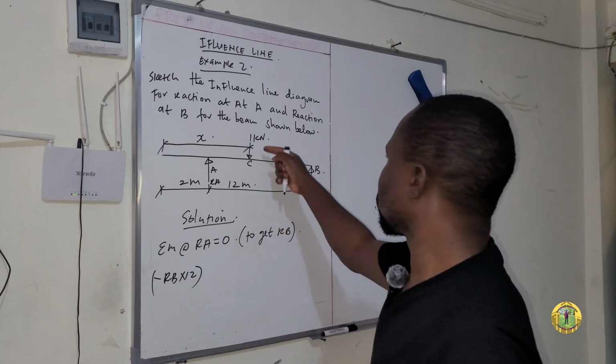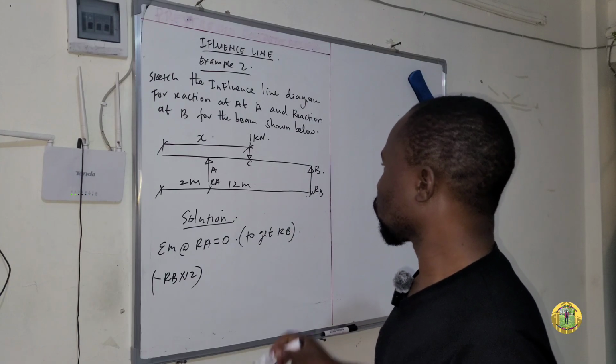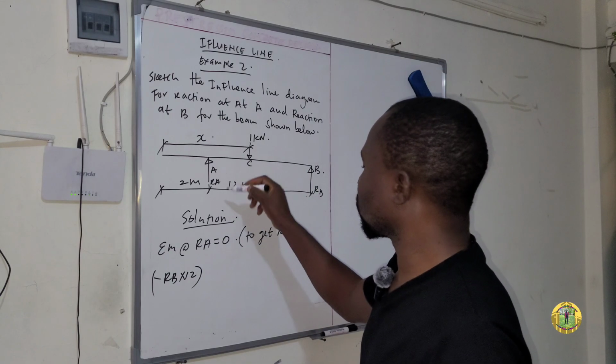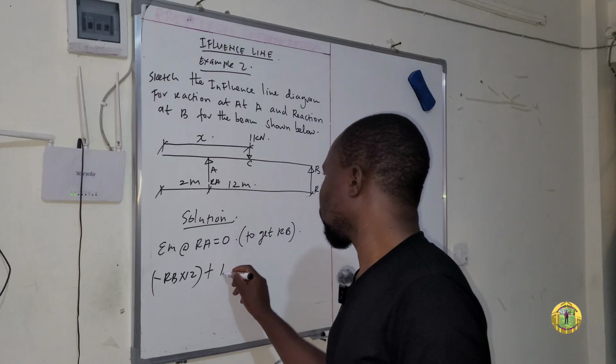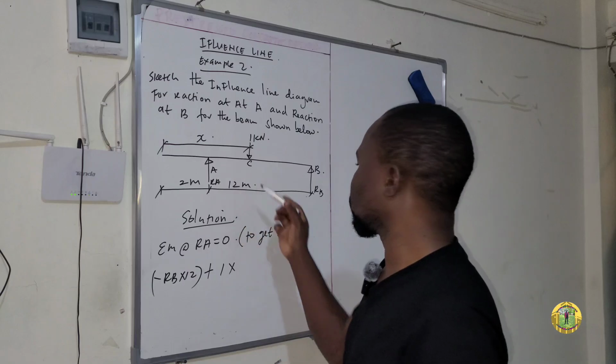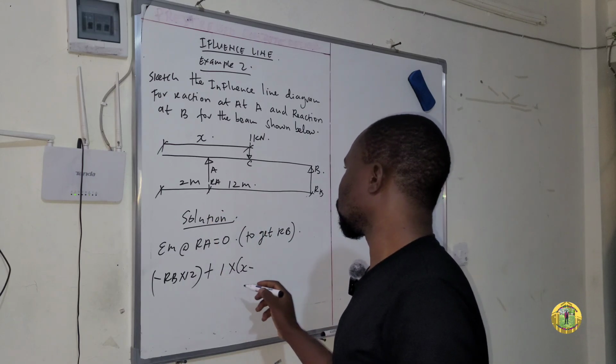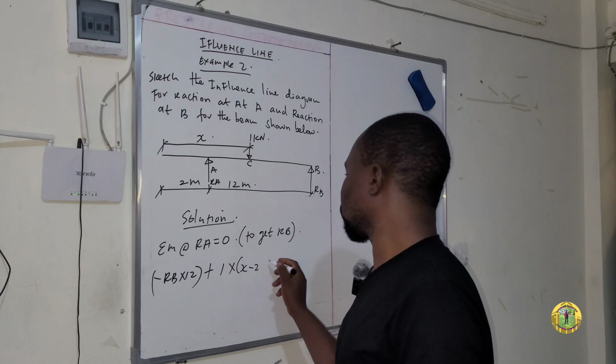And then we come to the 1 kilonewton unit load. In which direction is it moving? In clockwise direction. Plus 1 times the distance from support A to C. So this is x minus 2.